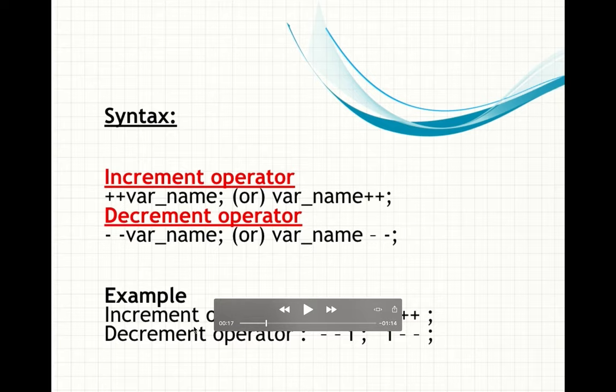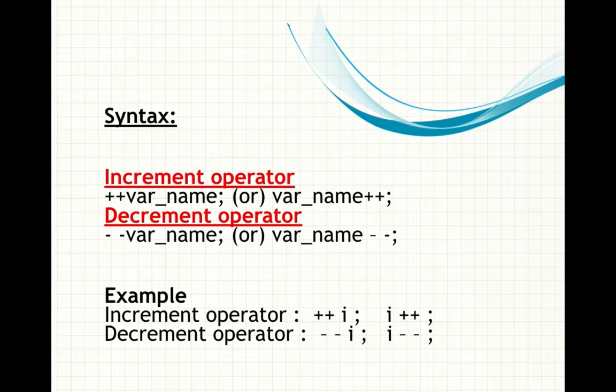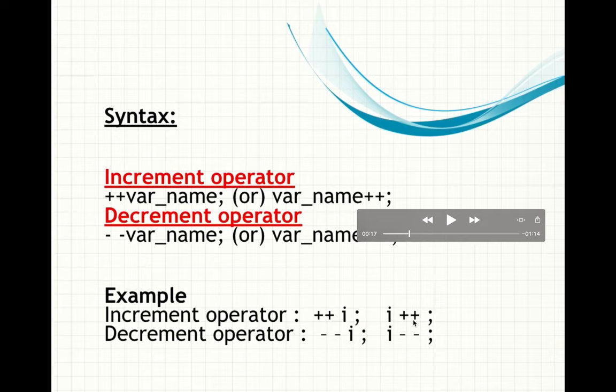When you see this example here, you can understand what this is. So, increment operator plus plus I means the I value is incremented by 1. It could be either pre-increment or post-increment. We'll see what this is in the further slides.